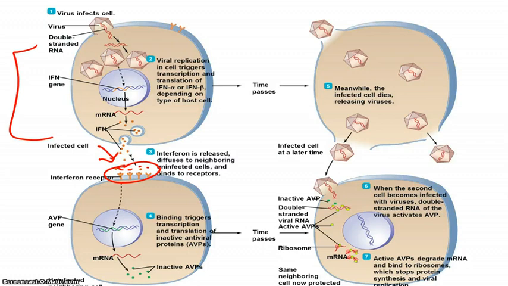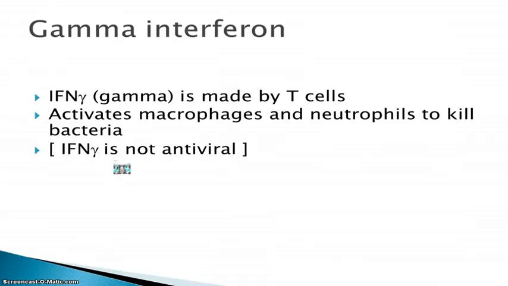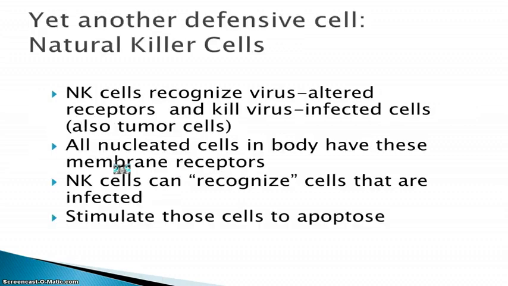So if the virus does get into that neighboring cell, it's destroyed by these enzymes. So these are antiviral proteins that are secreted by doomed virally infected cells, but are read by neighboring cells so that they can protect themselves a little bit better. There is something called gamma interferon, though, and that's not antiviral. That is something that is made by T cells that's going to get certain phagocytes to really kill bacteria, and we'll talk a little bit about that later on when we talk about cellular immunity.